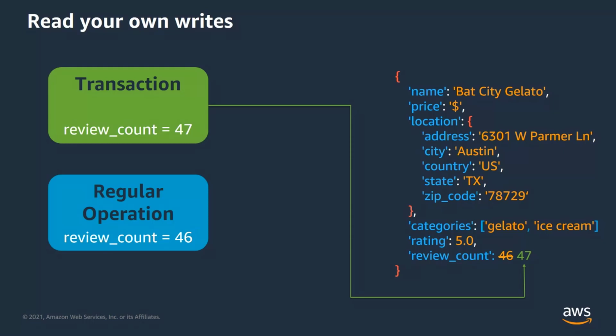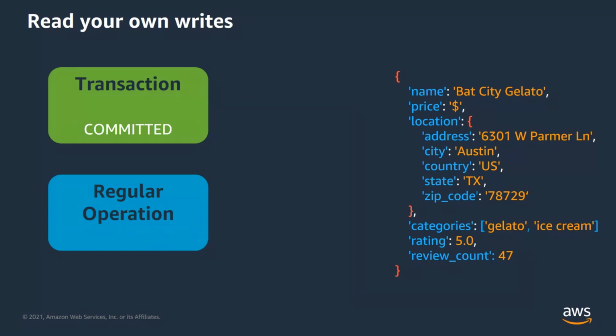So I'm still seeing the old value because my transaction hasn't been committed yet. So let's go ahead and commit that transaction. And now when a regular read comes in, it'll see that value of 47. So all of a sudden it's revealed. Okay, pretty straightforward with respect to reading your own writes and the isolation, the all or nothing kind of capabilities here.